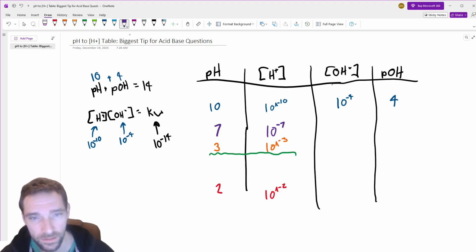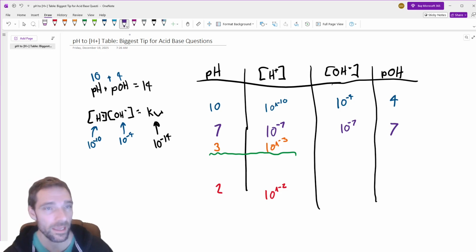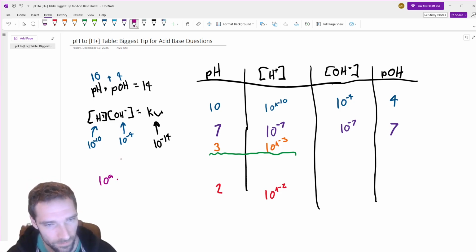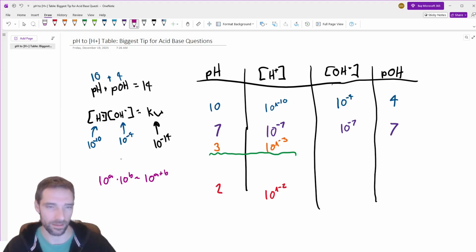Same sort of deal here. If this is 7, then the pOH has to be 7, and you're going to have 10 up to the negative 7. And if you think about this in a broad sense, this is just your exponent rule, where these two numbers are added when you multiply two bases and you're thinking about the exponents.